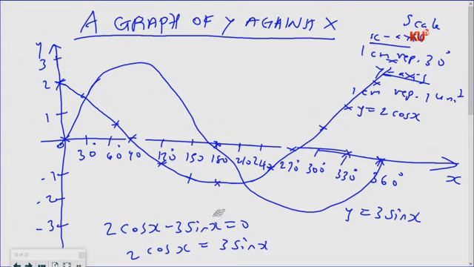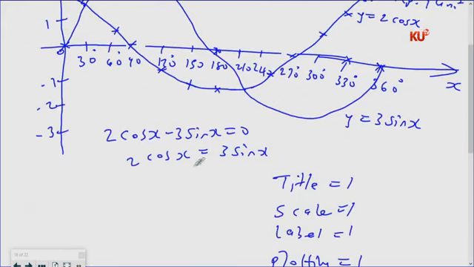So that means the point at which the first curve is equal to the second curve is the point at which the 2 curves are intersecting or meeting. As you can see, these curves are meeting at this particular point, and also at this particular point. So you need now to give your values.